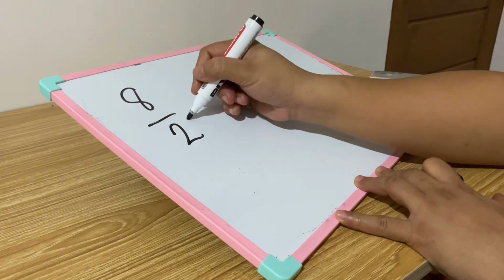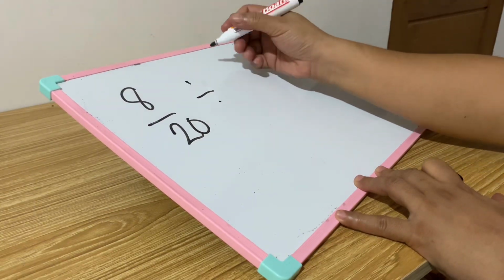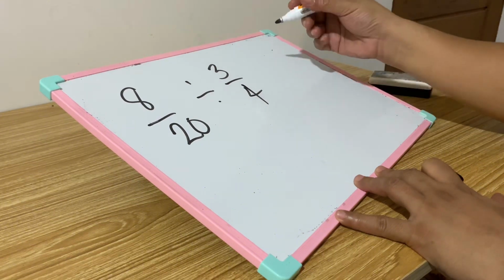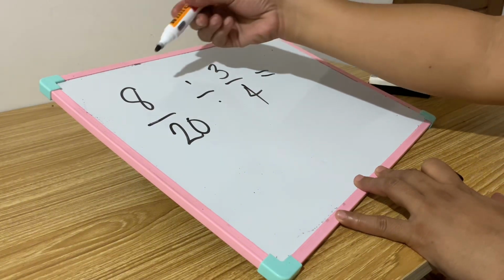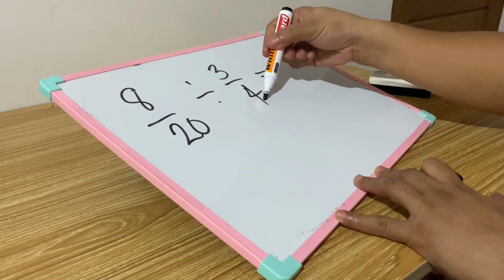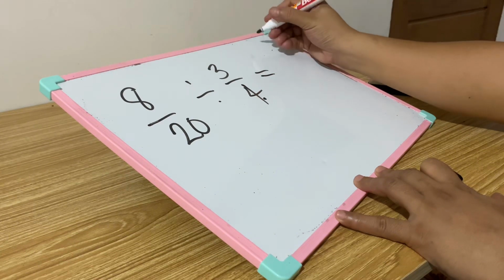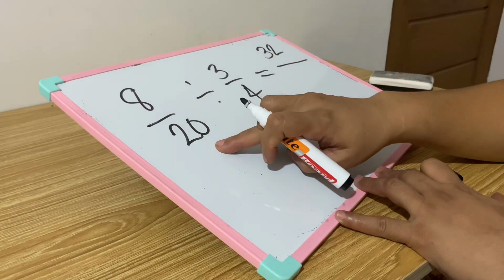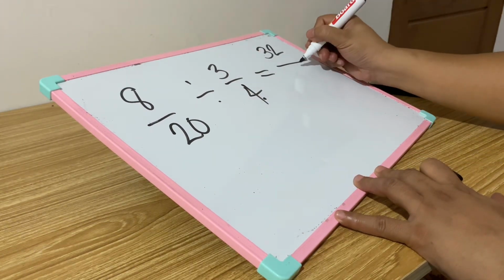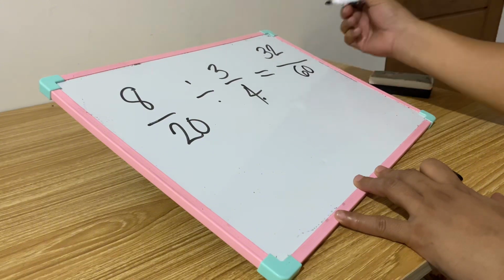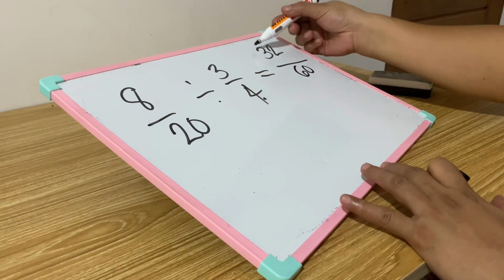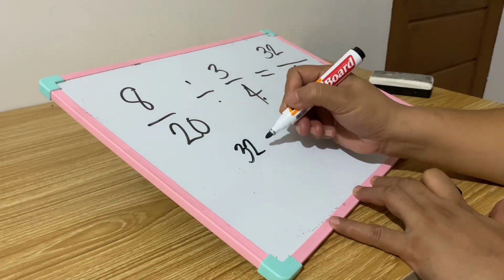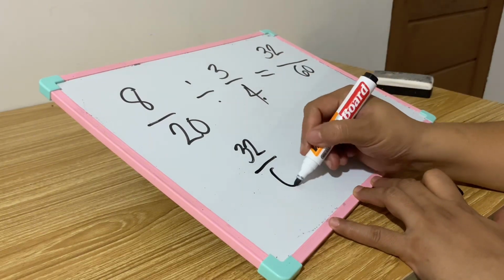Another one. Let's see. 8/20 divided by 3/4. Okay? So, cross multiply. 8 times 4 equals 32 over 20 times 3 equals 60. Okay, so it's a bigger number. Let us simplify 32 over 60.